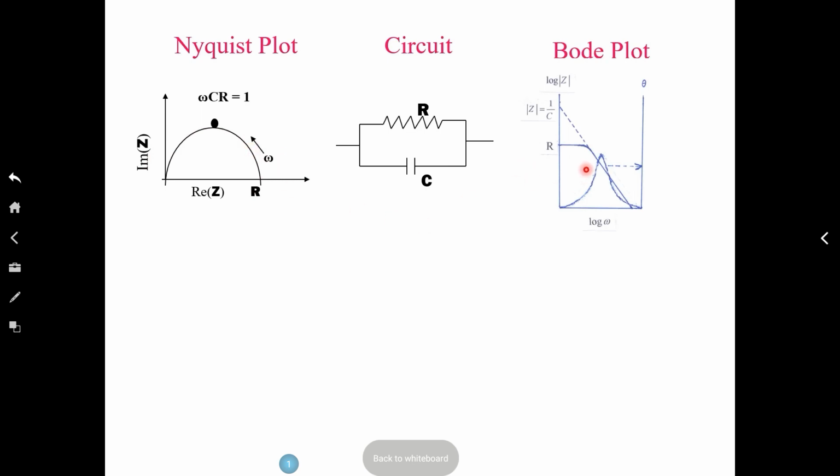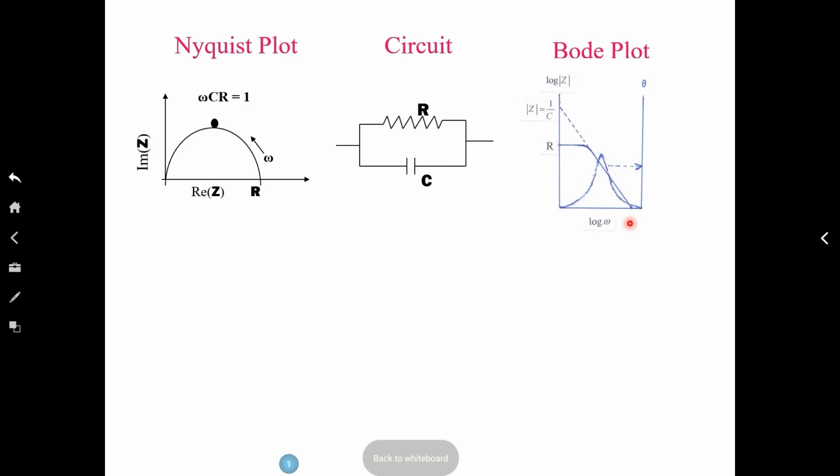If you do the Bode plot similarly, your data will lie along this line. So the difference between the Nyquist plot and the Bode plot is that, depending on the data, it will fit much better on the Nyquist plot or much better on the Bode plot. So if you use both, you try to eliminate some uncertainty in the experiment.